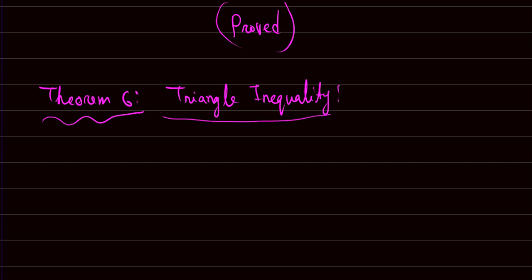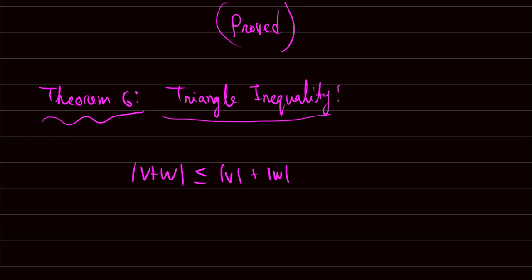It just tells us that if we take the norm of the summation of two vectors, it will always be less than or equal to the sum of the norms or lengths of the two individual vectors.